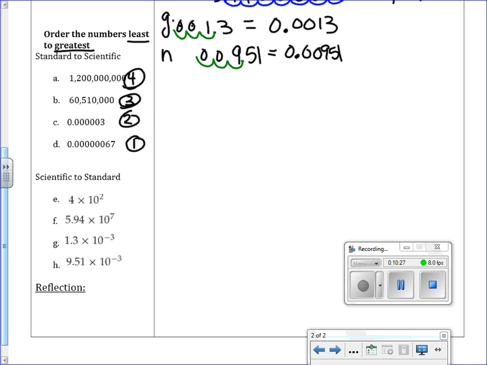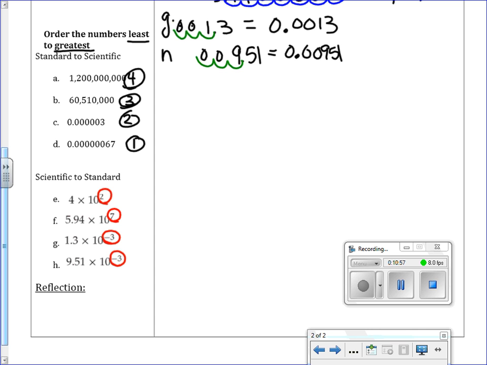Now, when we want to compare the next set of numbers in scientific notation, we want to go ahead and compare those least to greatest. The way I do it when it comes to this is I look at my exponents. I compare my exponents. And you already know how to compare integers. Think about the number line. When you look at the number line, what's the largest number? What's the smallest number?